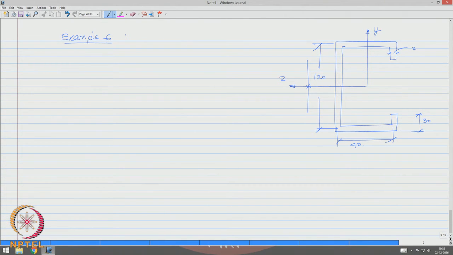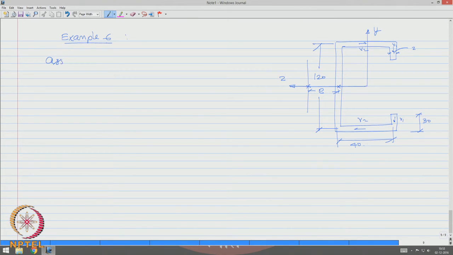So, I take this distance as E. So, the shear flow says this is V 1, this is V 2, and this is also V 1 and this is also V 2 by symmetry. We already know this.